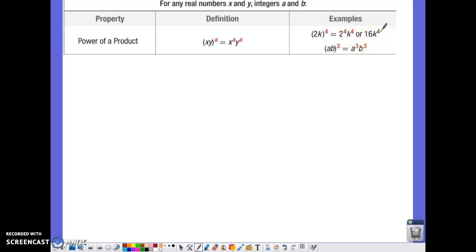Okay, let's prove it. 2k to the fourth means I'm multiplying 2k by itself 4 times. So 2k times 2k times 2k times 2k. So 2 times 2 times 2 times 2 is simply 16, and you have 4 k's.